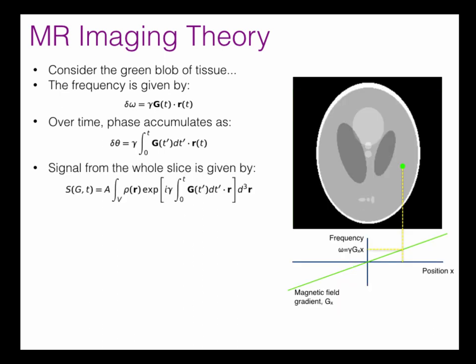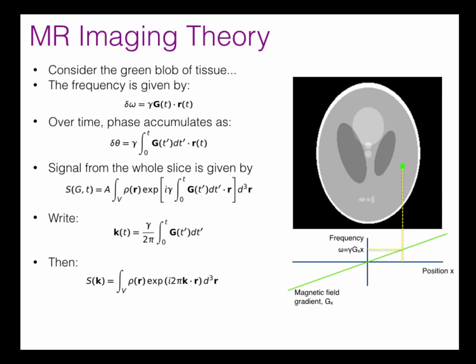And then if we consider that over the entire object, we can integrate the additional phase across the entire volume, and we end up with a signal which is like this somewhat complicated looking equation. But if we write k as gamma over 2 pi times the integral of the gradient with respect to time, this simplifies into a fairly familiar pattern.